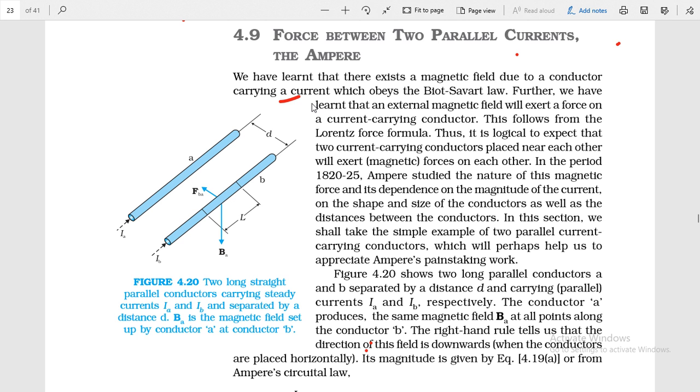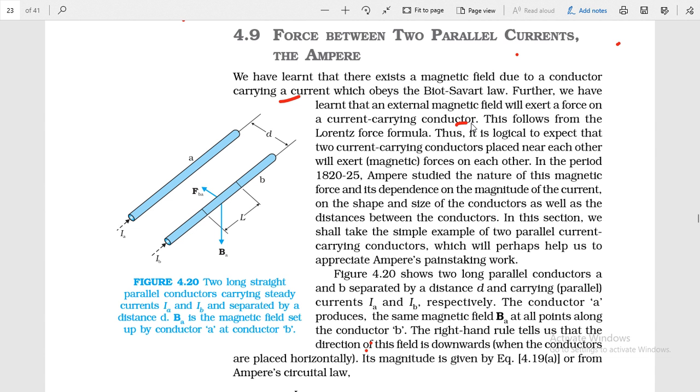Further, we have learned that an external magnetic field will exert force on a current carrying conductor. So we have completed this topic also, that is, if a current carrying conductor is placed in an external magnetic field, it experiences some magnetic force.